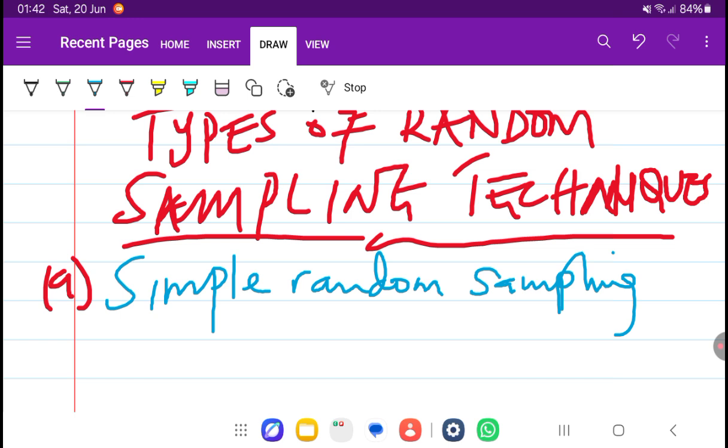So we list all the members of the target population and we give each member an equal chance of being selected to be part of the sample size that we are collecting. So a simple random sample is that type of sample in which every possible sample of the same size has the same chance of being selected.